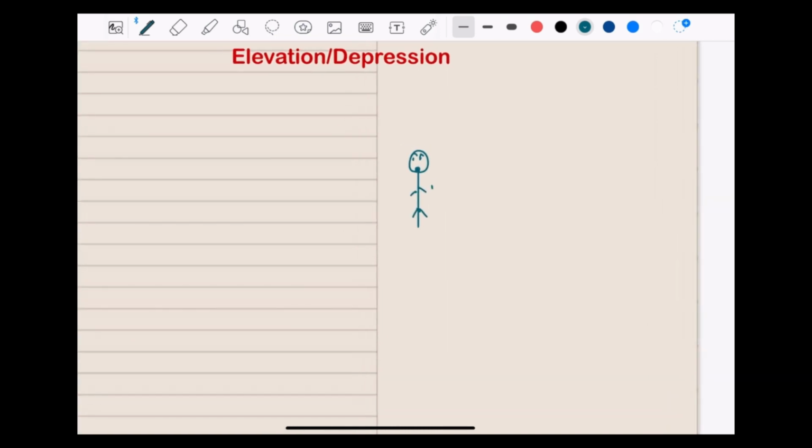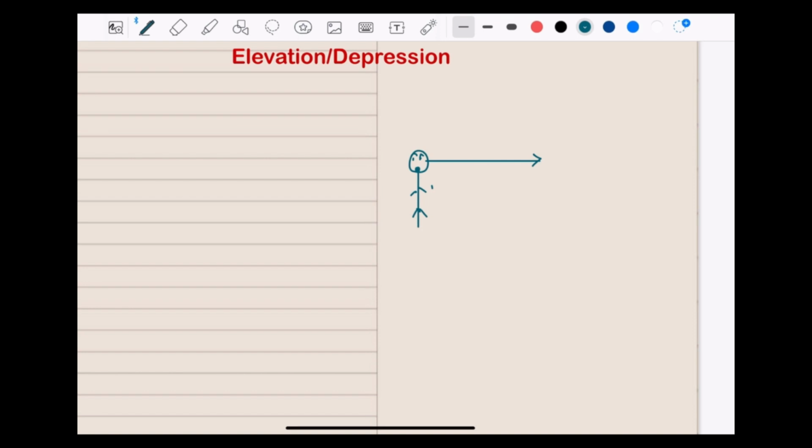Let's assume that there is this person standing here, and this is the line of sight, which means you don't have to look up or look down. The thing that you're seeing is exactly at your same height.